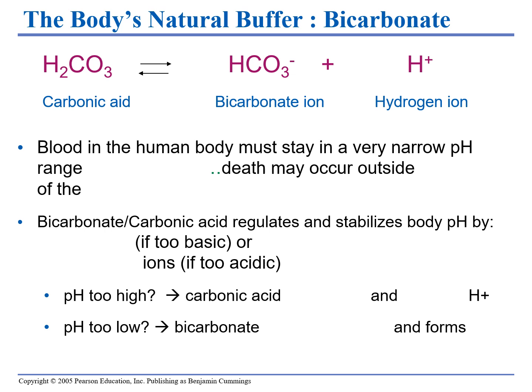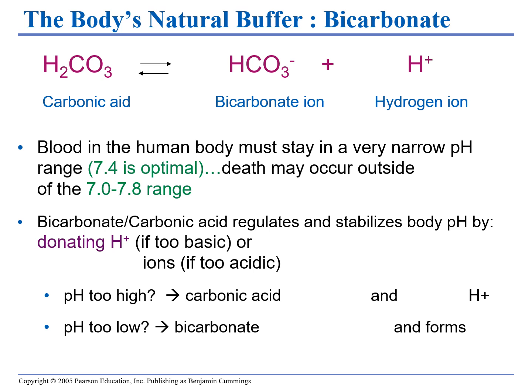So, an H positive ion and an HCO3 ion. Blood in the human body must stay in a very narrow pH. So 7.4 is your optimal pH, and death may occur outside the range of 7 to 7.8.